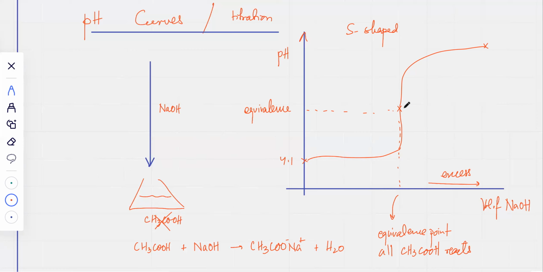And then you're going to try and figure out what's left at the end of the reaction. Like once you've added all the NaOH, what is present right at the end of the reaction. Okay? So we will discuss all of this tomorrow, okay?